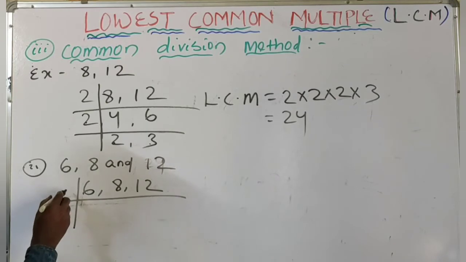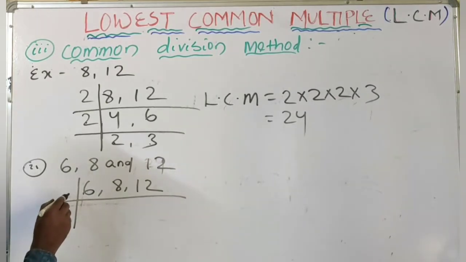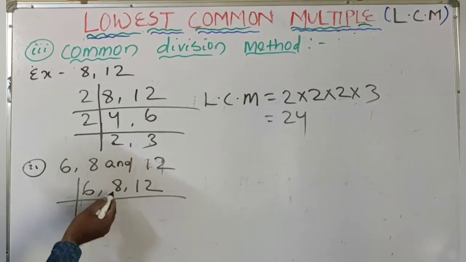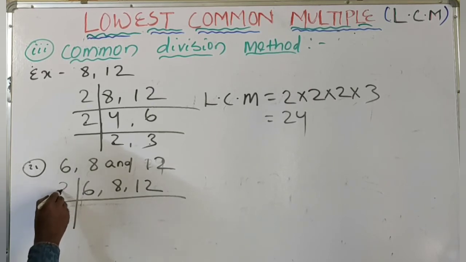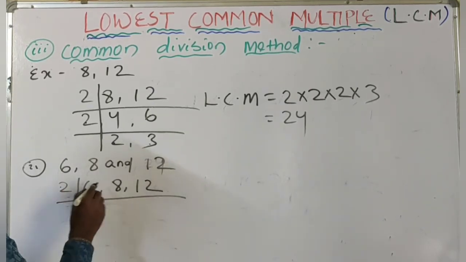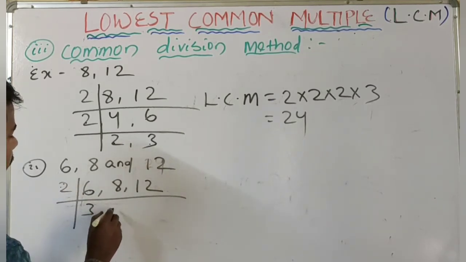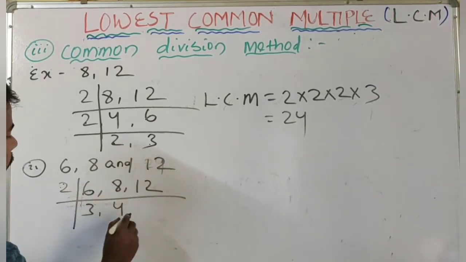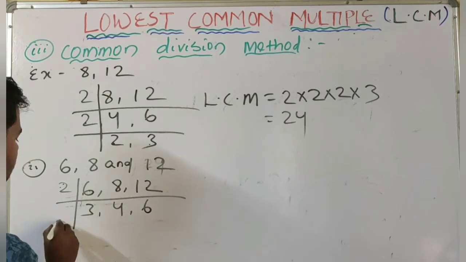We take a prime number as divisor which divides at least two numbers. So we can take 2. 6 divided by 2 will get 3. 8 divided by 2 will get 4. 12 divided by 2 will get 6.